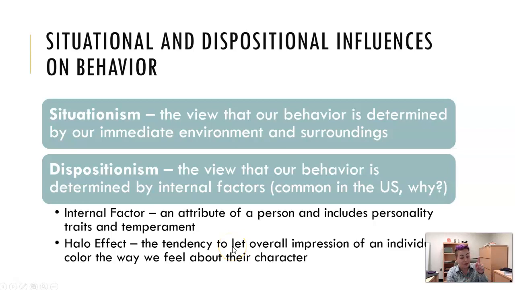And sometimes with those traits, that can lend itself to a sort of halo effect. When we see someone as doing well or excelling in one area, we have this overall impression of how we feel about their character. So take if a student is really good in their psychology class, right? Maybe that professor says, oh, this student is really impressive in my class.